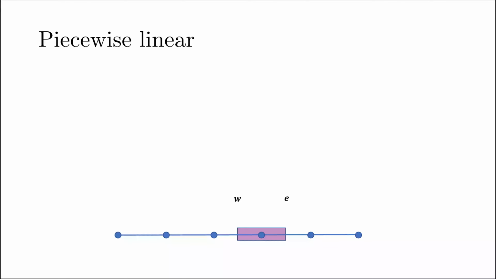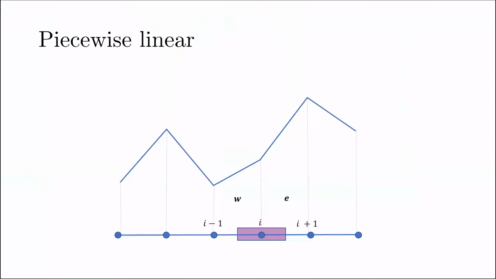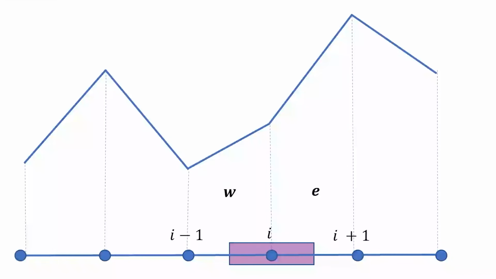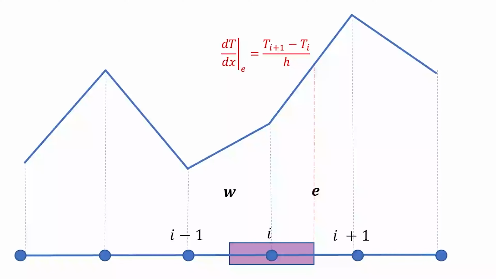Suppose I have my same domain here, with my I plus 1 and I minus 1 points, and we can now consider all the grid points. On the top, I'm plotting how the function might be varying. If you observe, between any two grid points, the function is behaving linearly, and therefore, if I talk about these points, small e and small w, we can very simply write. Considering the point small e, because the function varies linearly between I and I plus 1, we can write the derivative at small e as equal to T of I plus 1 minus T at I divided by h.